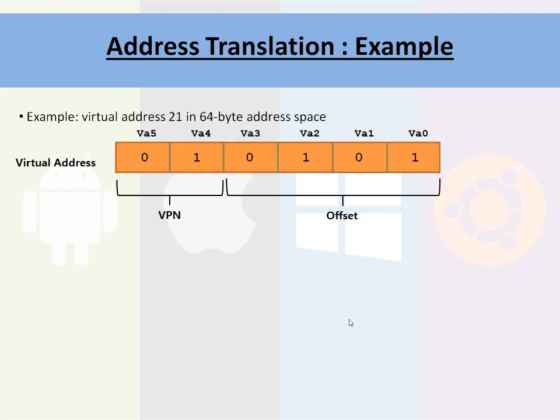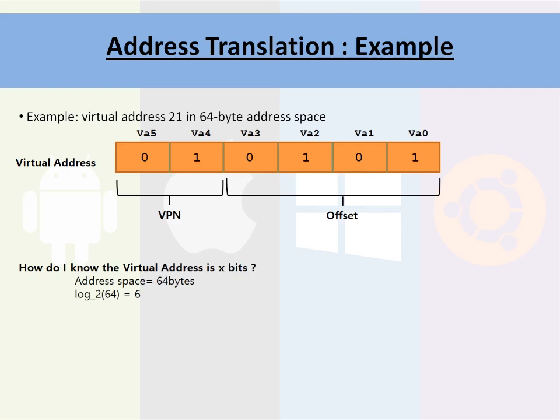Now, questions you might be asking are: how did I get that? How did I get 010101? How did I know that my address here is 6 bits long? So you can see I have 1 bit, 2 bits, 3 bits, 4 bits, 5 bits, 6 bits. How did I know that? How did I know that there was a 0 at the front here? These are all questions I will answer now.